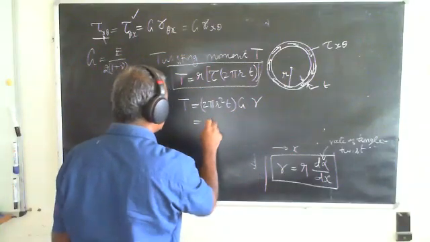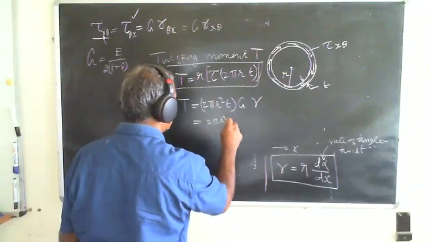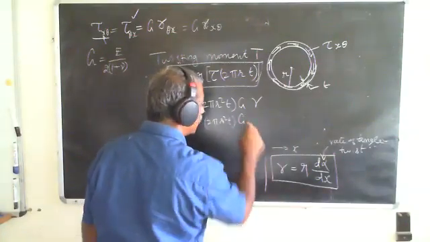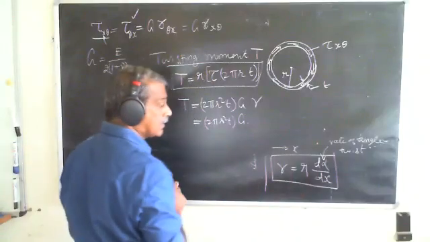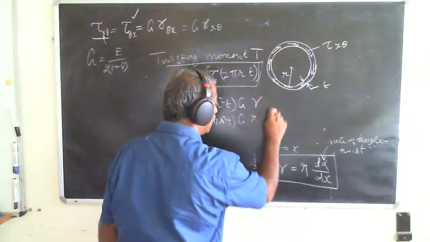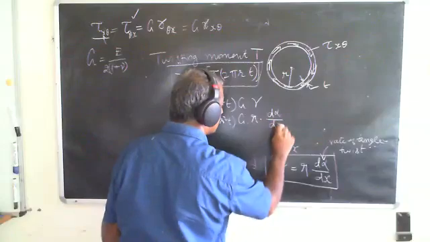This is equal to 2 pi r squared t times G times, now I can write this, which is r times d alpha by dx.